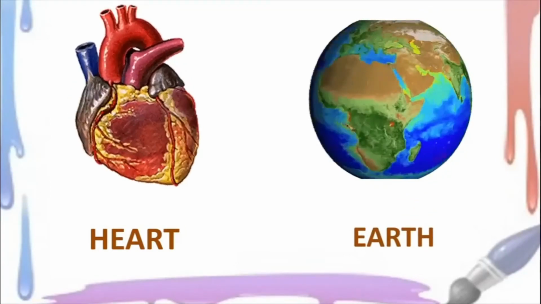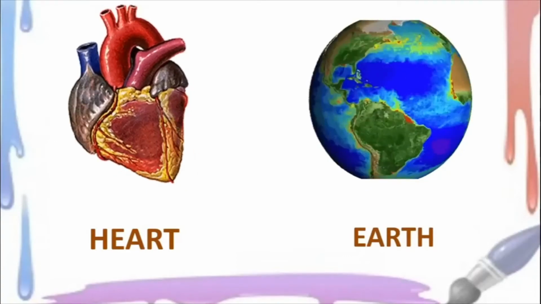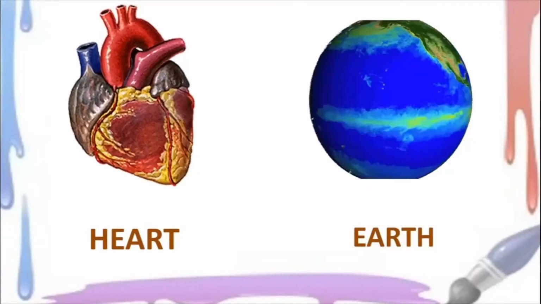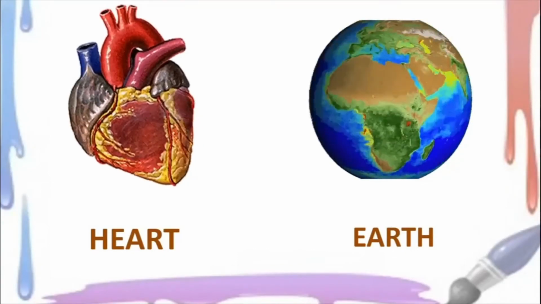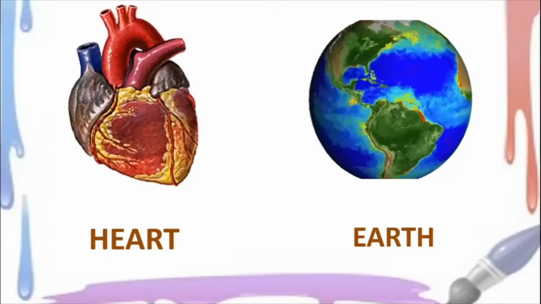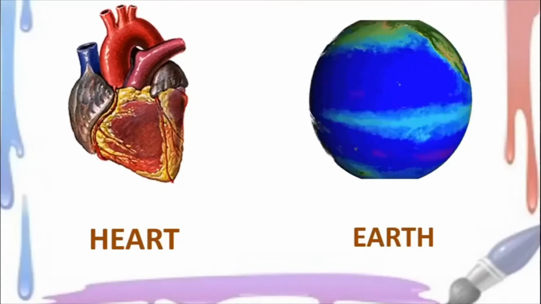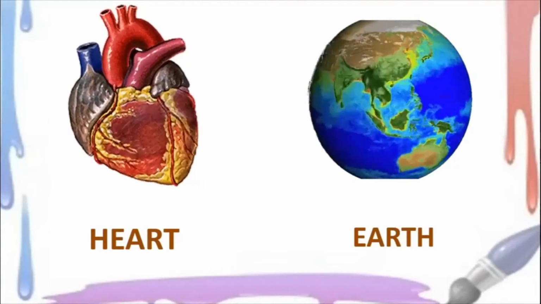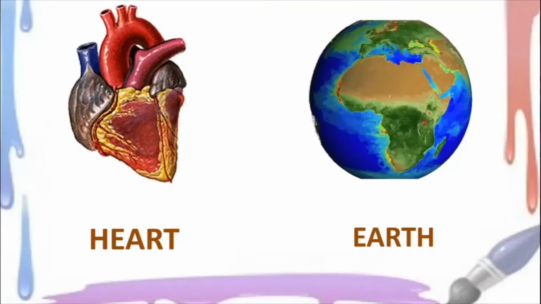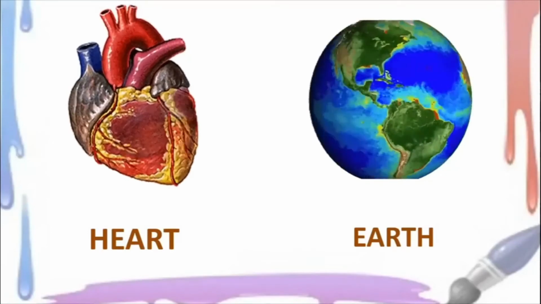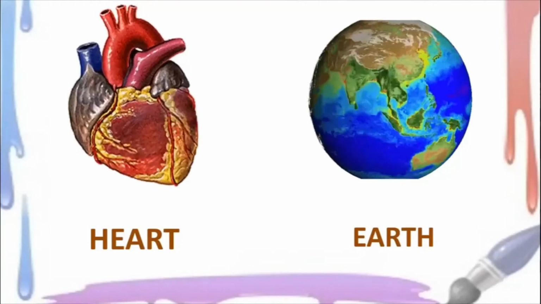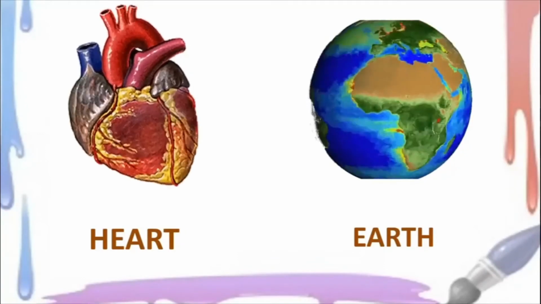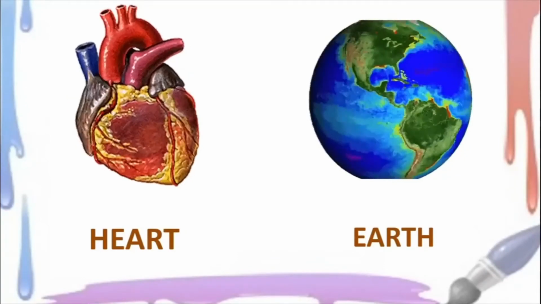So heart and earth are anagrams of each other, because they use the same set of letters, only rearranged to form these two separate words.